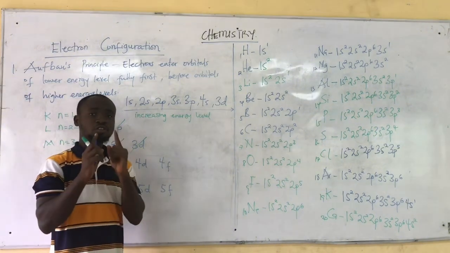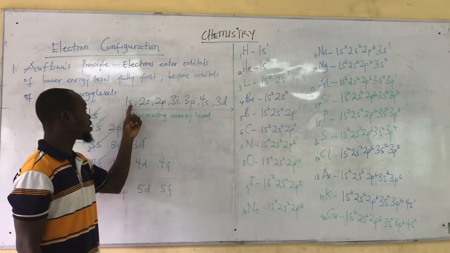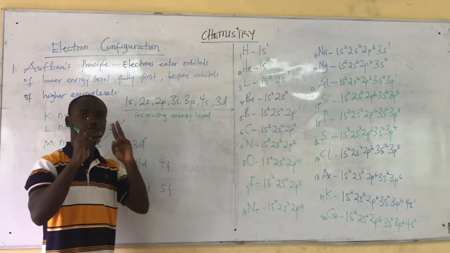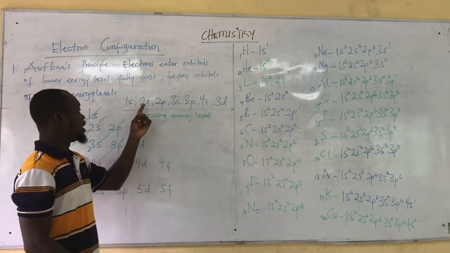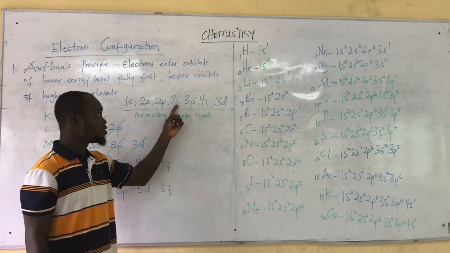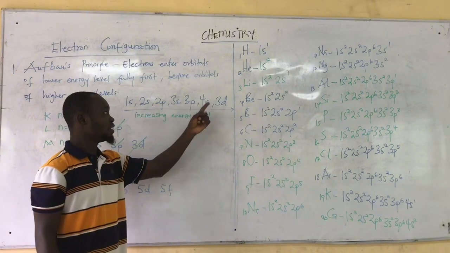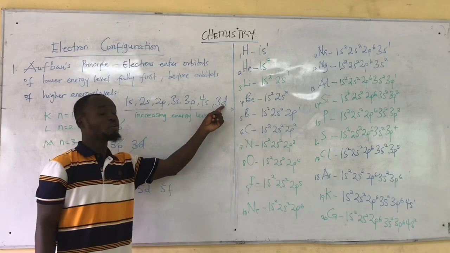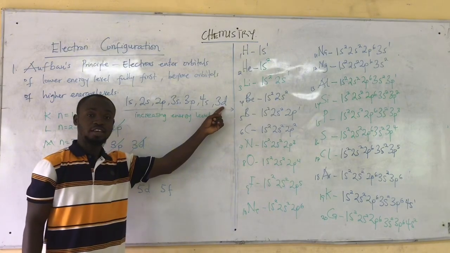And please, don't forget that the s orbital can accommodate a maximum number of 2 electrons. The s accommodates 2, the p accommodates 6, the s accommodates 2, the p accommodates 6, 2, and then a maximum of 10 electrons. Is that okay?